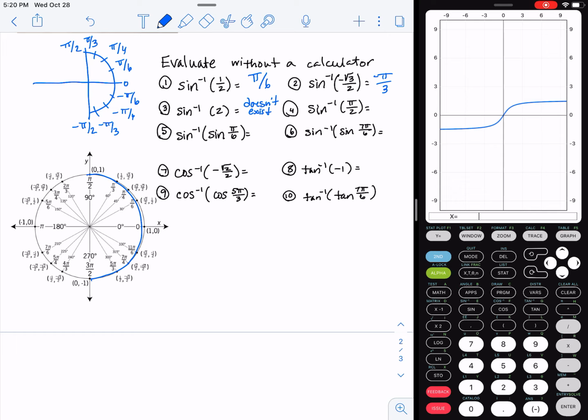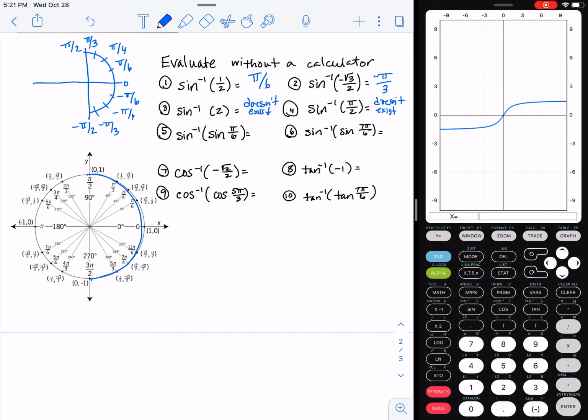For number 4, if you have the arc sine of pi over 2, well, what is pi over 2? That's 1.57. So that is the arc sine of 1.57. Again, it doesn't exist. Why? Because I have a unit circle of radius 1, so I'm not going to have a y value that's greater than 1.